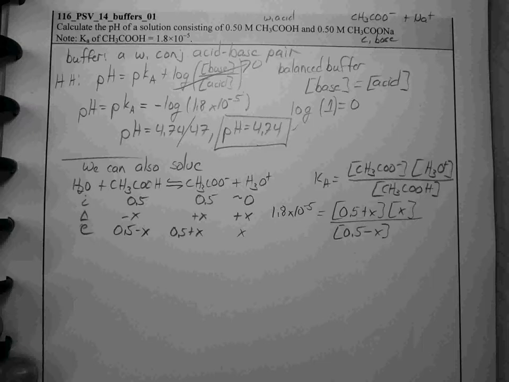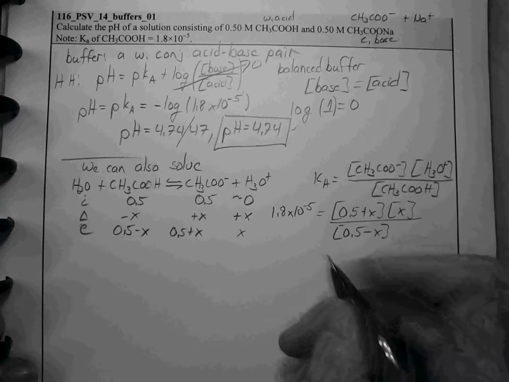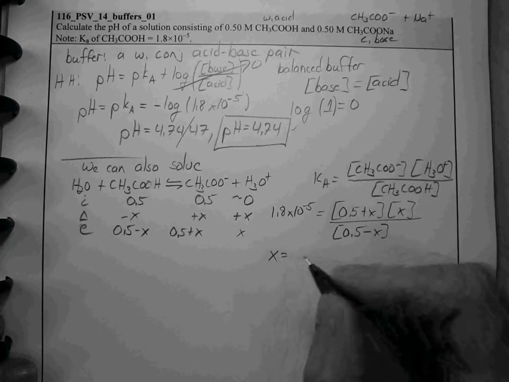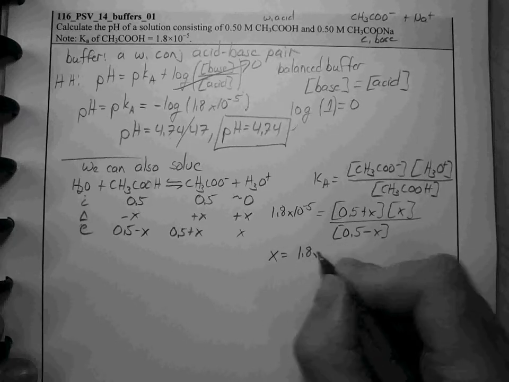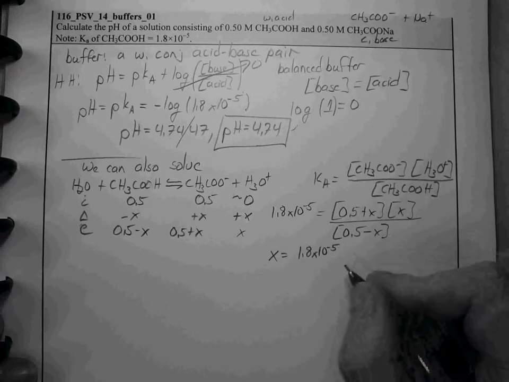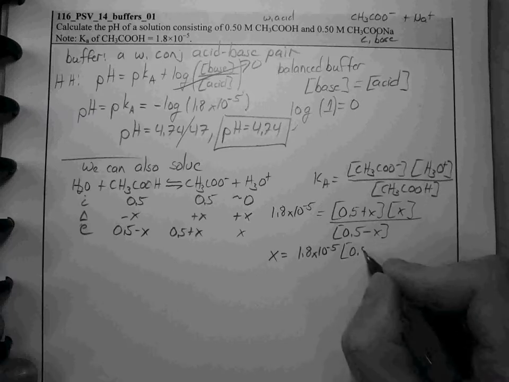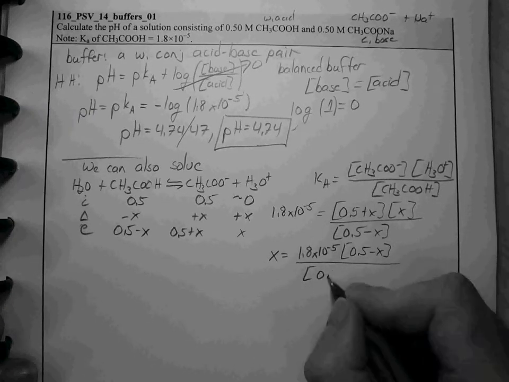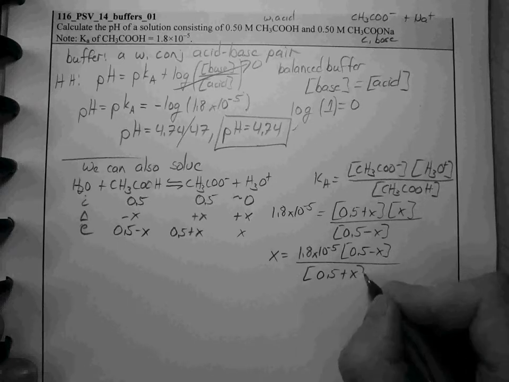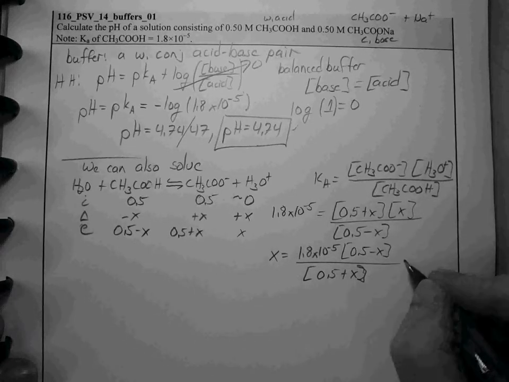Alright, now to solve this, we're going to use a method of successive approximations. We'll solve for this x, and x is going to be equal to 1.8 times 10 to the minus 5 multiplied by 0.5 minus x and 0.5 plus x. Quantity is on the bottom.